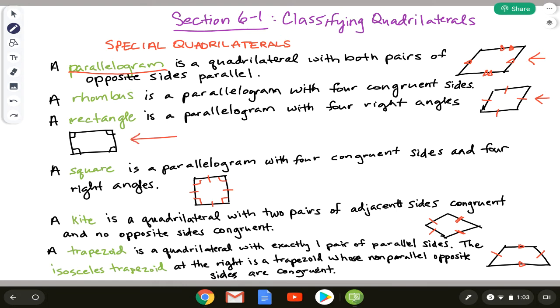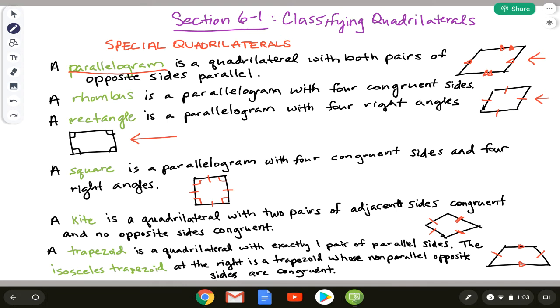So opposite sides are still parallel because it's a parallelogram, but now there are 4 right angles where the corners are. And then finally, a square is a parallelogram also. It's also a special case of a rectangle that has 4 congruent sides and 4 right angles. Now notice the rectangle and the square still have opposite sides that are parallel because it's a parallelogram.